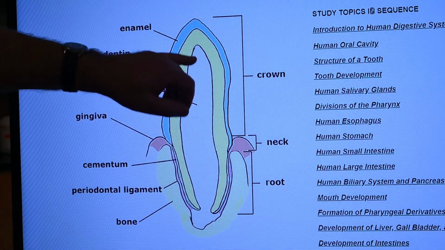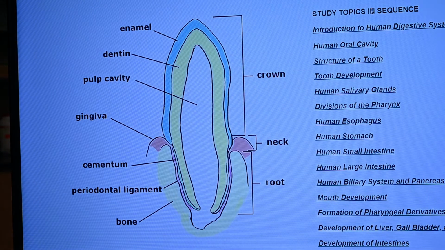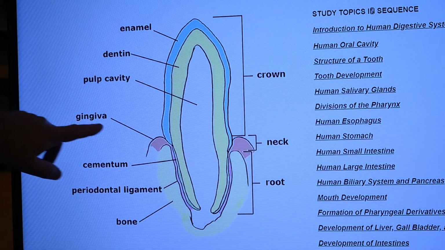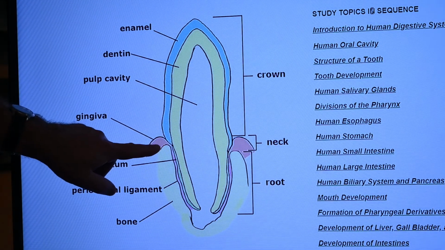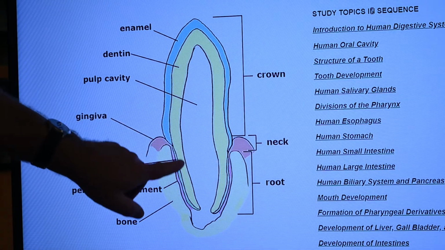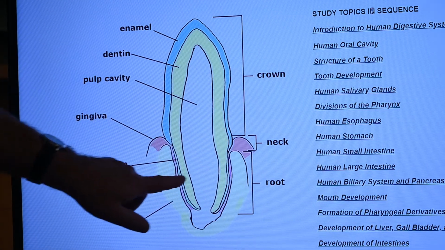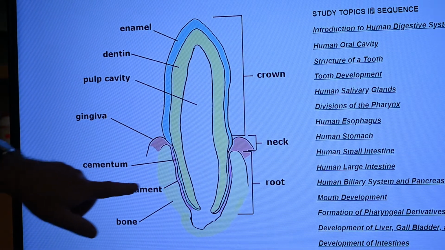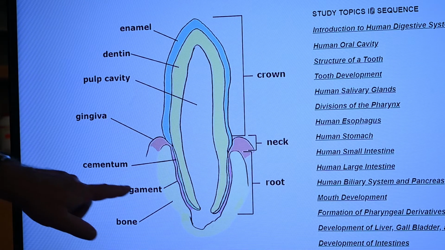In the middle of a tooth, you have a pulp cavity. In that would be connective tissue, blood vessels, nerves. Gingiva, I don't think I used that term earlier, but anyway, that's the name for the gums, the gingiva. Surrounding the dentin down here in the root of the tooth, there's a layer known as cementum, a special layer of bony material called cementum.